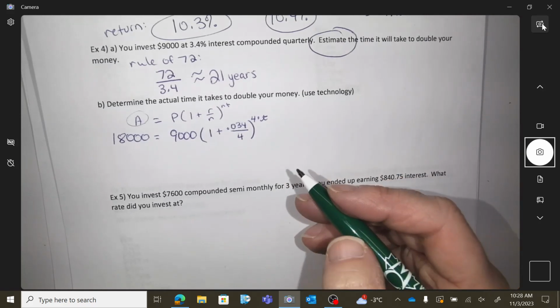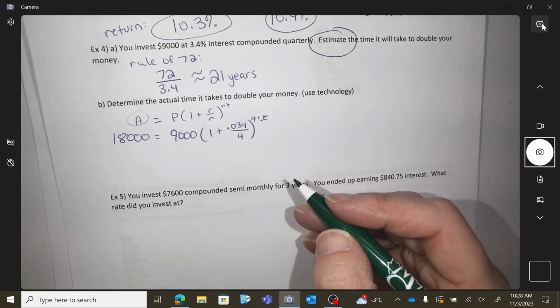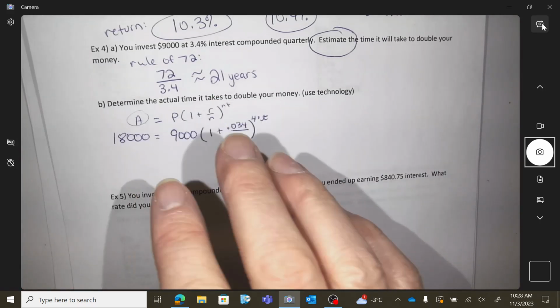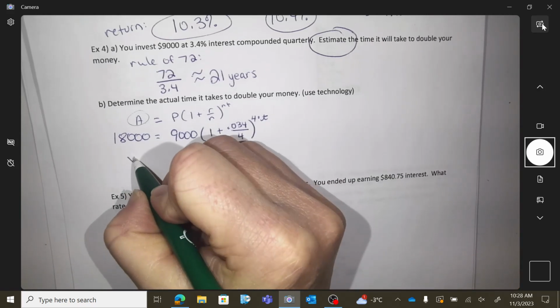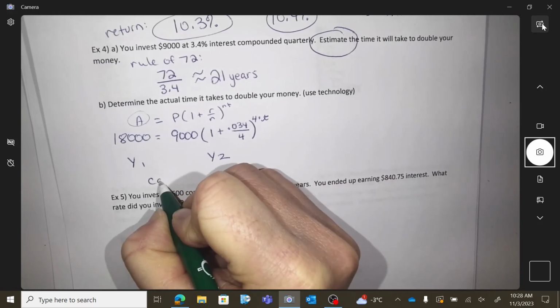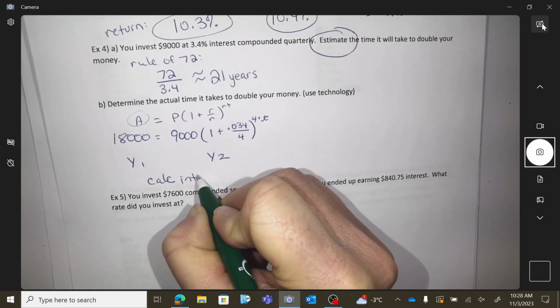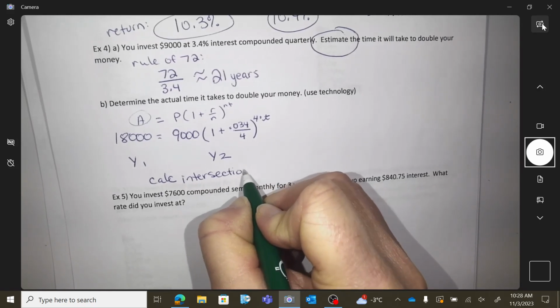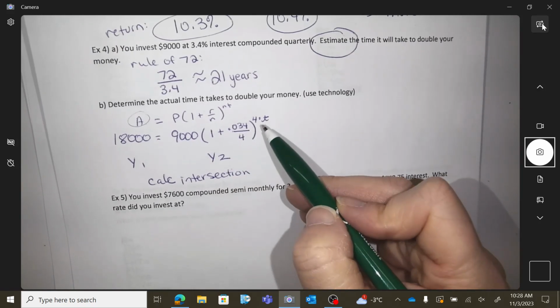So what are we going to do? Because we have these things. What should we do? How do you solve where two equations would equal each other? What do you think we would do? y1, y2, figure out the intersection. Wherever this equals this, that gets us the solution.